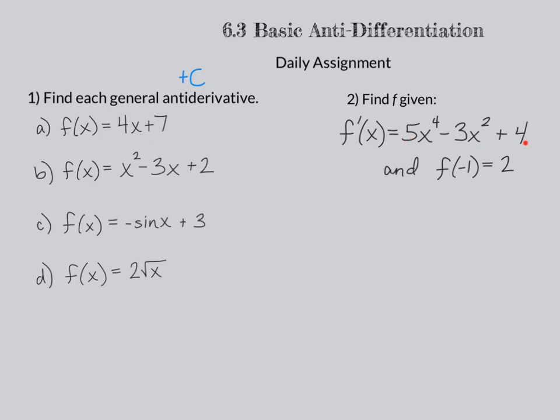This one's not as tricky algebraically as the previous 2, but it's the same idea. So use the first part of the video to find the general antiderivatives if you need to refer back to it, and the table that was provided for you with all the different rules. This is also finding an antiderivative with a plus c, but then using this piece of information to find the particular value of c.